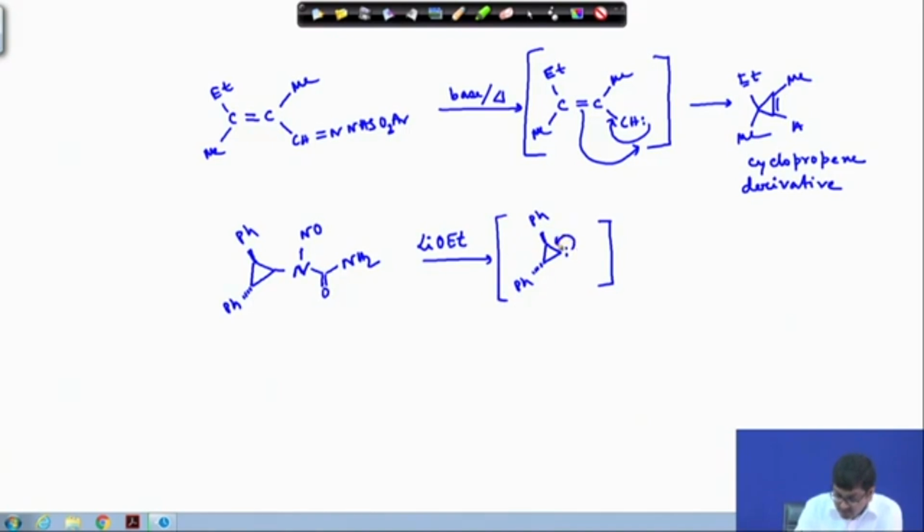Now, this carbene is ready for the corresponding rearrangement. So, again we can do this and this one can come like this. So, if we see, this particular cyclopropane ring is now opened and gives the corresponding allene moiety.